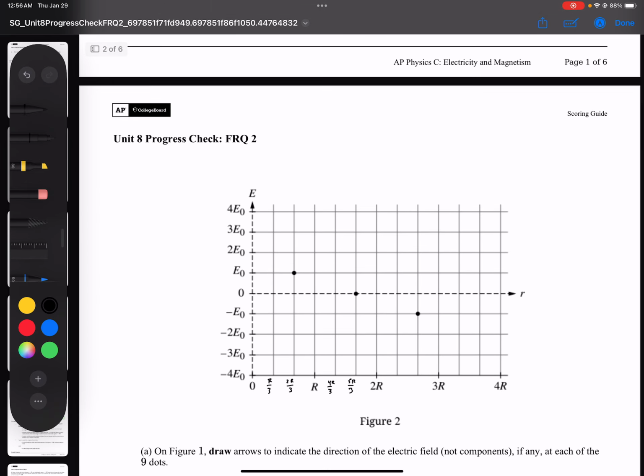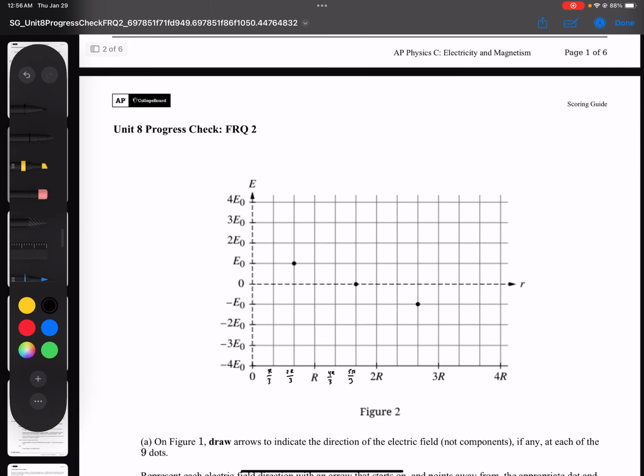But as soon as we go past that, at distances 7R over 3, 8R over 3, I'm just plotting all the values on the R axis.